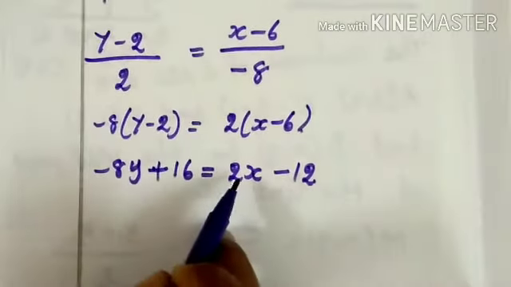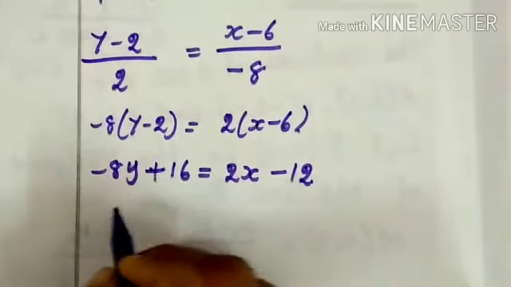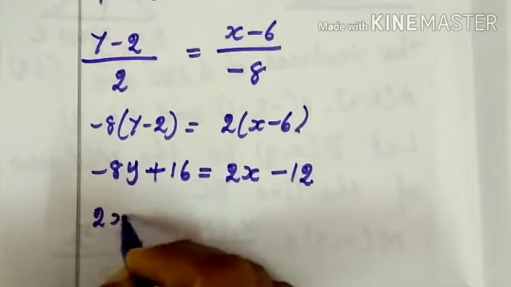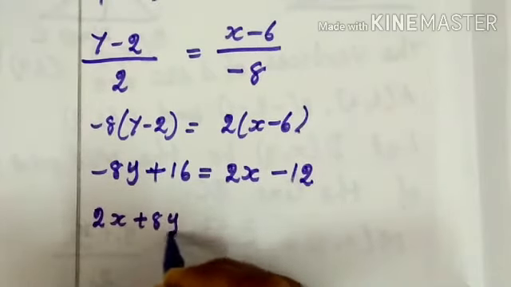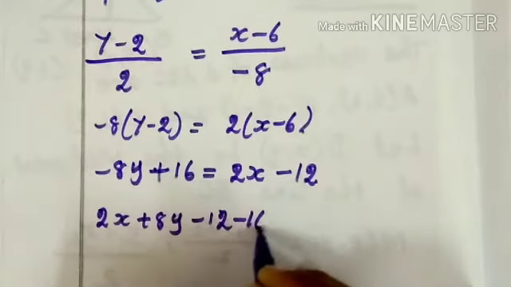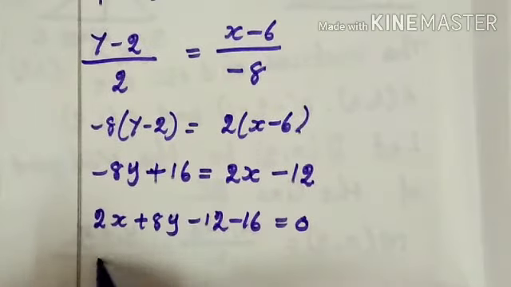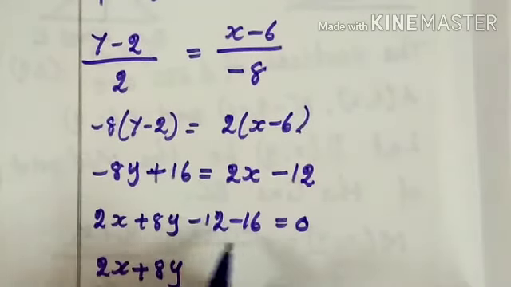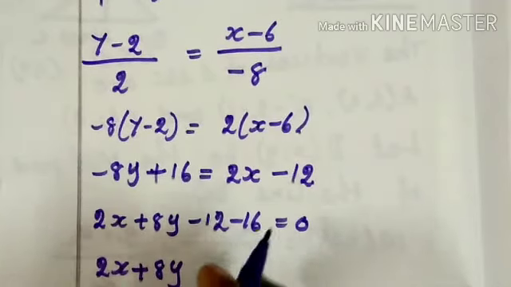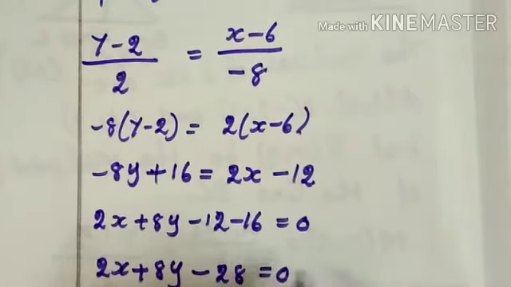We need the x term positive, so transpose this term after the equal. Then we get 2x plus 8y minus 12 minus 16 is equal to 0. That is 2x plus 8y minus 28 is equal to 0.